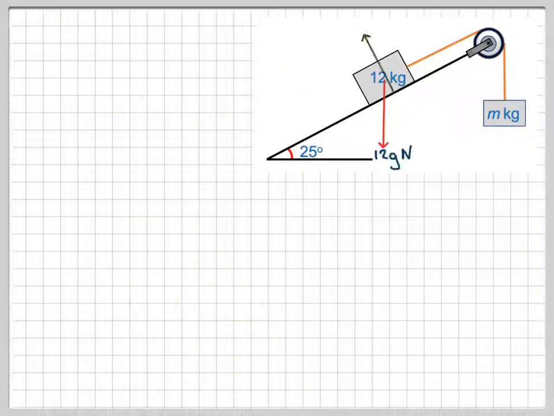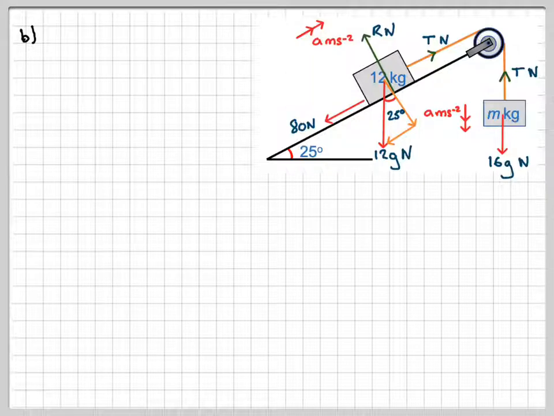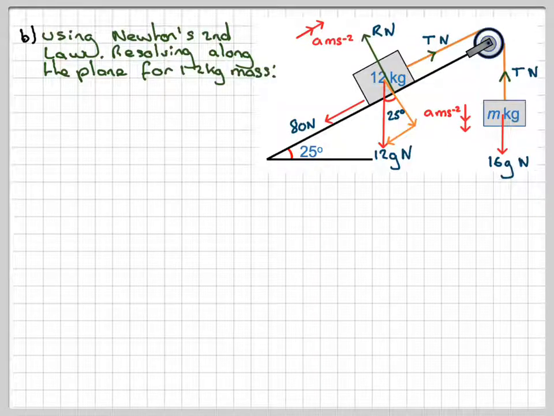Okay, so now considering the second case where we have a mass now of 16 kilograms, so this will be 16g newtons, and we now have an acceleration, so we're now using Newton's second law. So doing a similar sort of thing, using Newton's second law, because we've got an acceleration now, for the 12 kilogram mass.